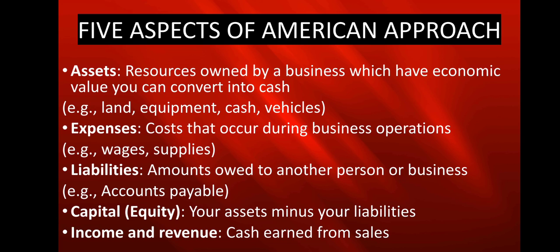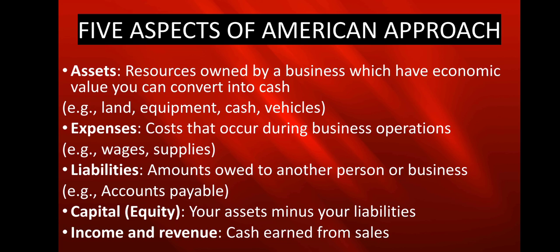Income and revenue, that is the cash earned from sales. Any sales that have been made by the business, in return what we get, that is the money, the cash worth, becomes the income or the revenue. I've just given you all a brief meaning. We have read this well in our previous chapter. In the first chapter we gave a deep, detailed discussion on these topics.